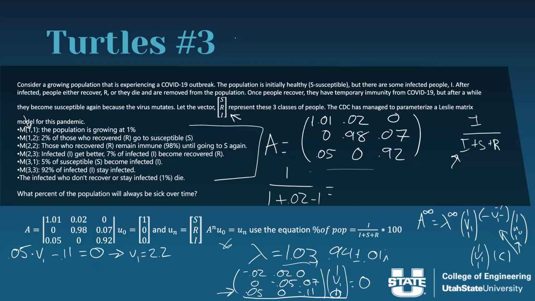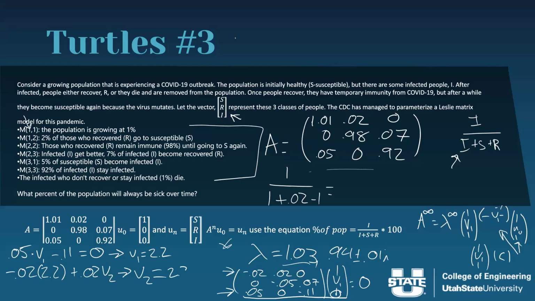So then V1 is equal to 2.2. Yeah, that makes more sense. Which means that when I plug it into this equation, I get negative 0.02 times 2.2 plus 0.02 times V2, which means that V2 should be equal to 2.2.